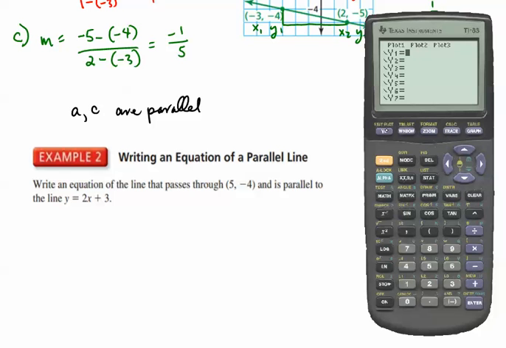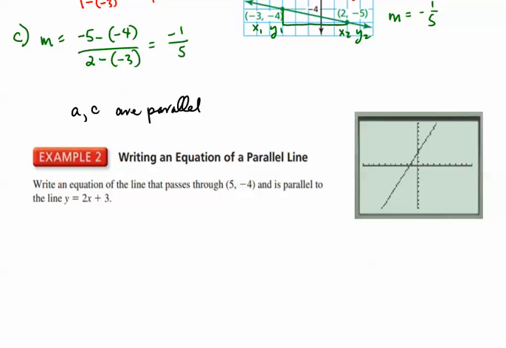So we go to y equals, and we put in y1 equals 2 times x plus 3. And then what I'm going to do is always zoom standard. That's zoom 6. And what I can see here is the line y equals 2x plus 3. Now, what I want is a new line that is going to be parallel to that line and passes through the point 5, negative 4.